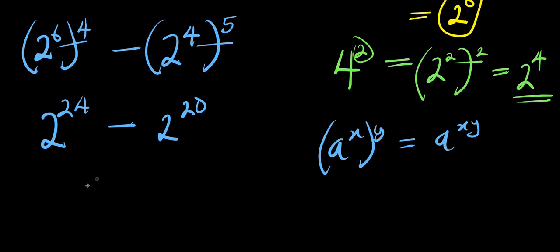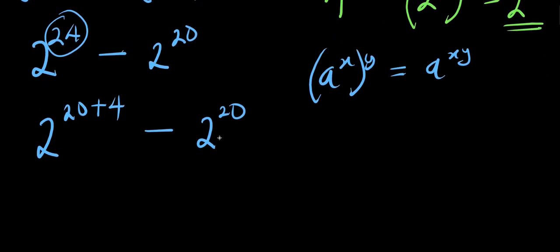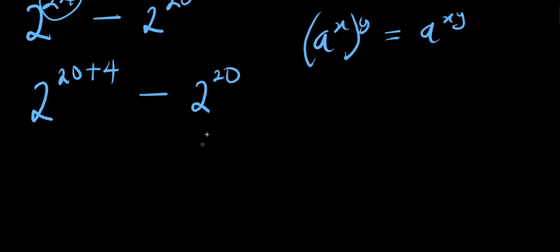Now, if you have this 24, we can break it down and split it into 2 parts. One will be 20 and we have plus 4. So we have 2 power, this is 20 plus 4. That is 24, minus 2 to the power of 20. Now, we can apply this identity again.